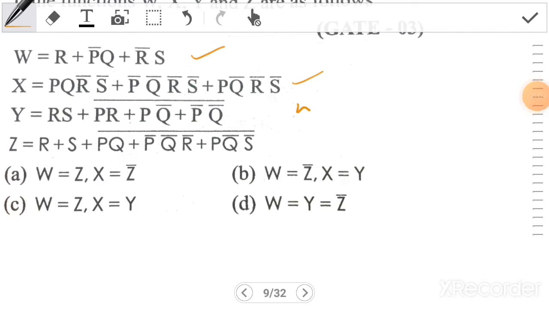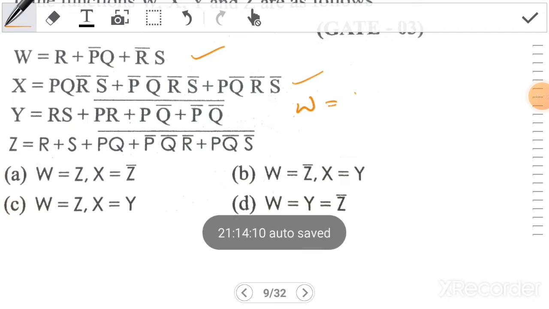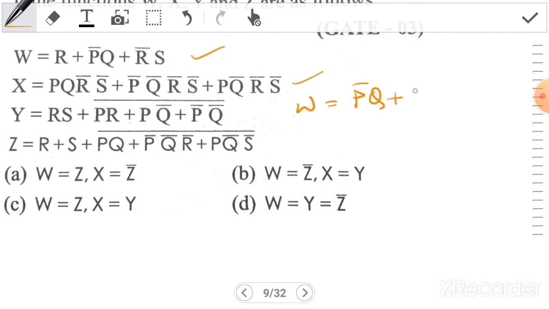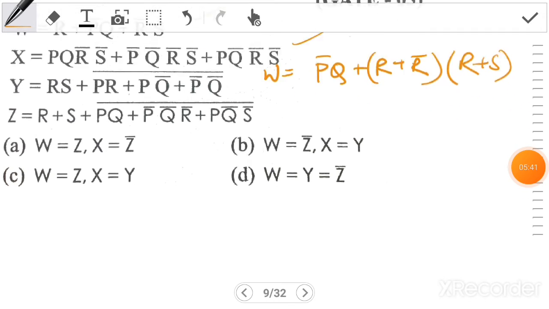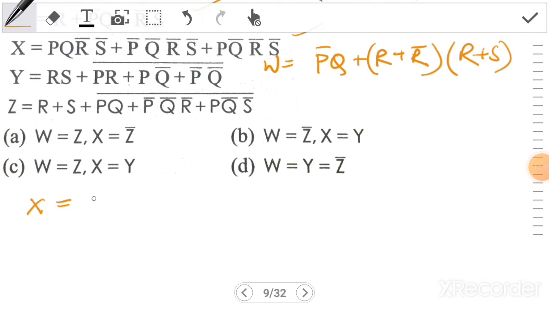For w, we can write p complement q plus r complement into r plus s. X is equal to PQ R complement S complement.